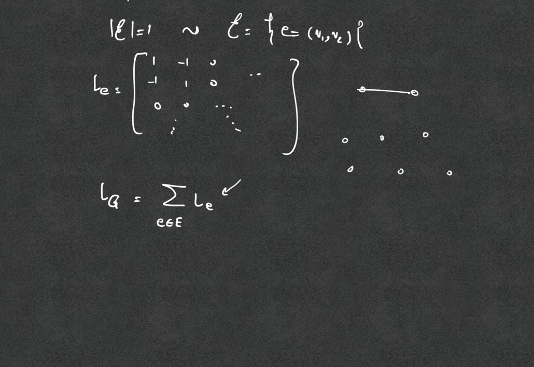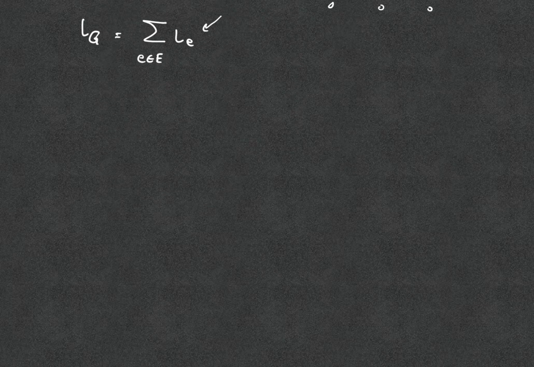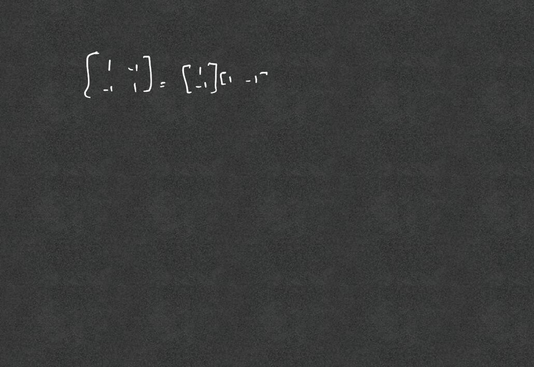Now, here are some important properties that stem from this. If you consider this matrix 1, minus 1, minus 1, 1, this is basically 1 minus 1 and 1 minus 1. So it's going to be 2.